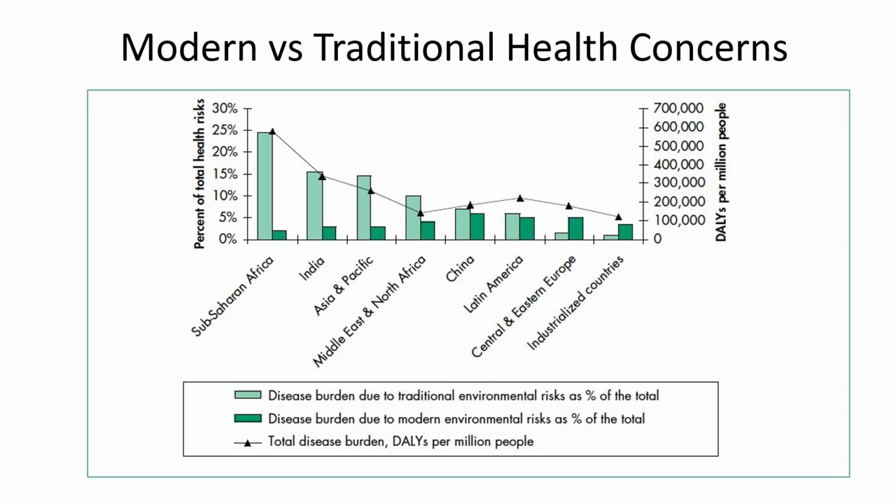This graph shows different regions and the disease burden from traditional and modern environmental risks from those different regions. You'll notice that sub-Saharan Africa, India, Asia and Pacific, Middle East, China, and even Latin America have more disease burden from traditional environmental risks, whereas Central and Eastern Europe and other industrialized countries have more of a disease burden from modern environmental risks.